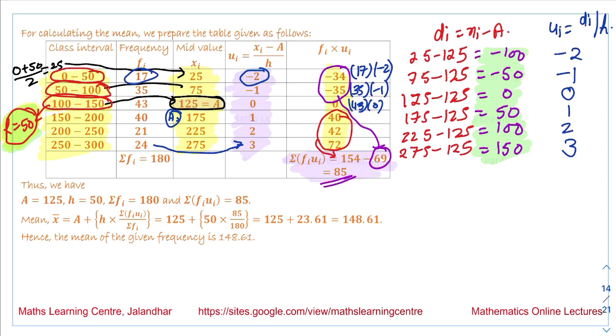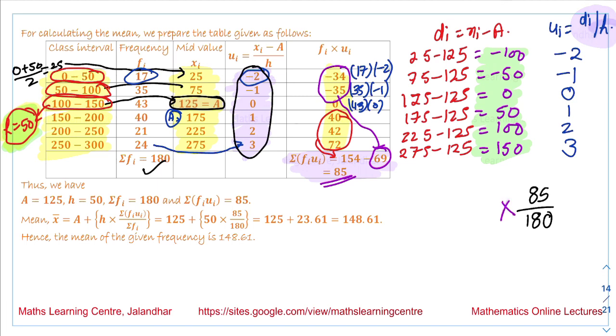So if these are the ui values, these are the mid values, and these are the frequencies, then the mean would be 85 by 180. Now when we are solving this problem, we have reduced these values, or divided them, by h. The value of h is 50.